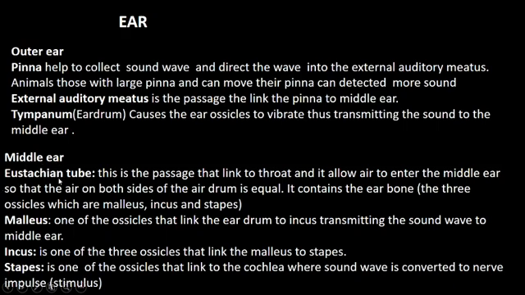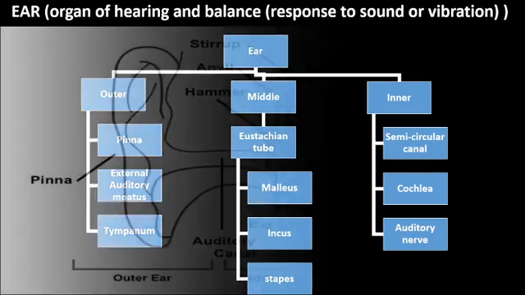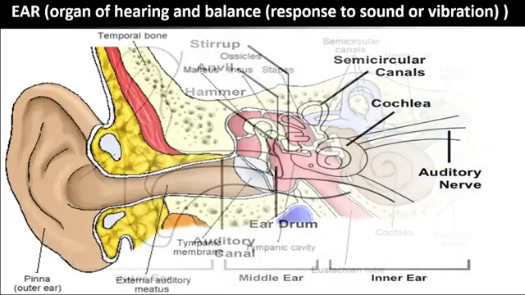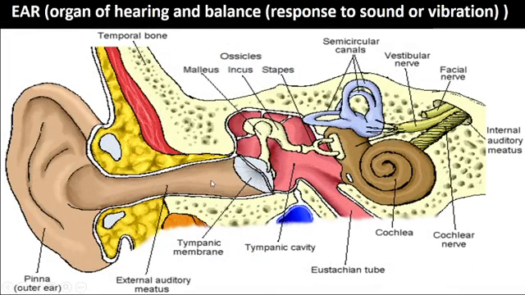In the middle ear, there is the eustachian tube. This is the passage that links to the throat and it allows air to enter the middle ear, so that the air on both sides of the eardrum can be equal. If you look at the diagram of the ear, the air on this side of the eardrum and the air on the other side must be balanced.